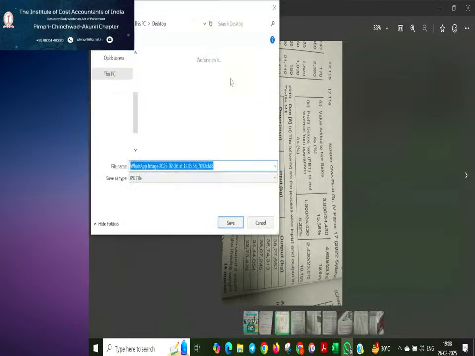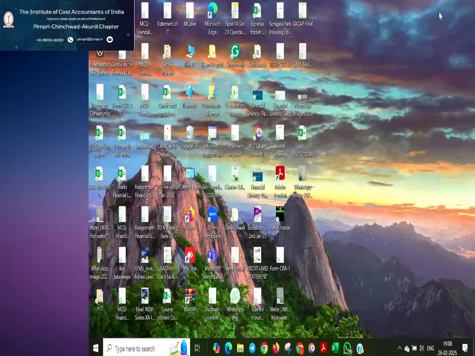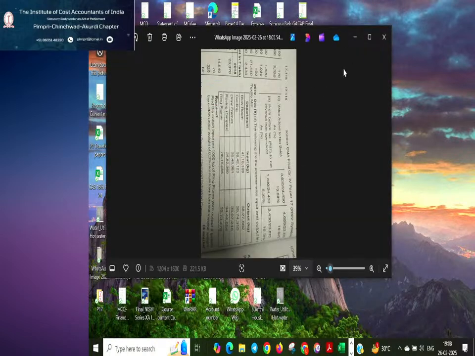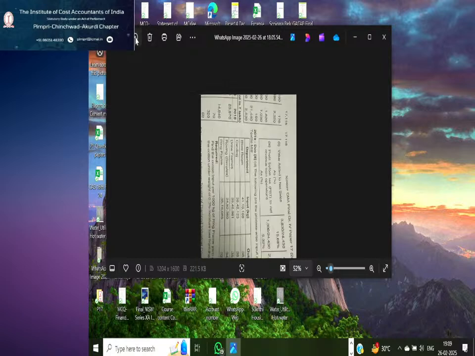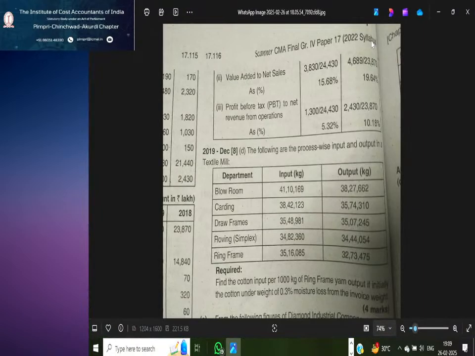I don't have the gallery, so I'll save it as and then do it. I'll just rotate it with the rotate option. Yeah, this is fine.